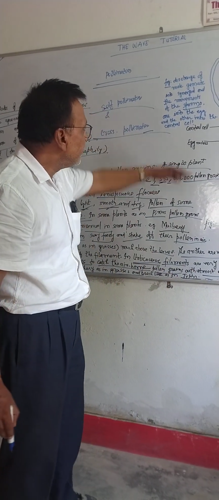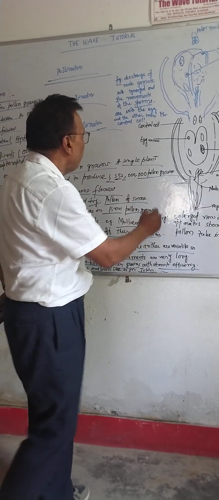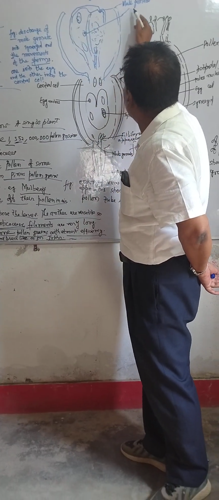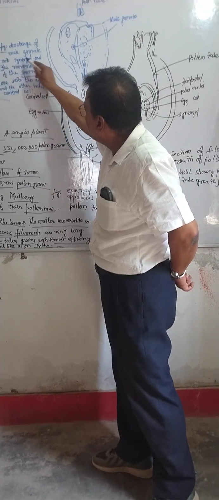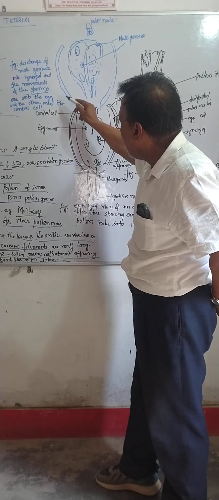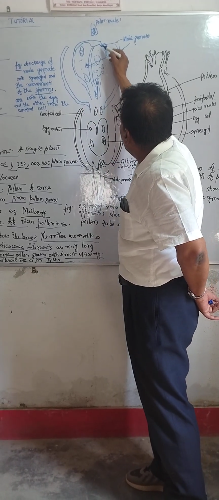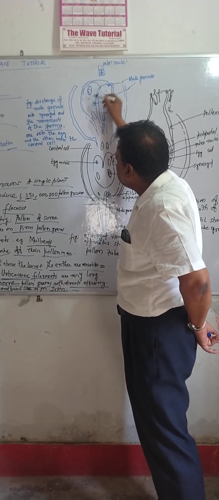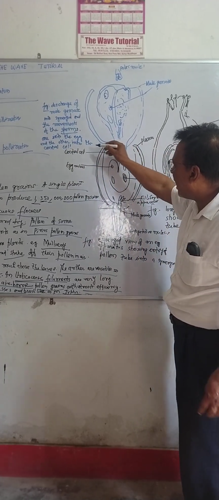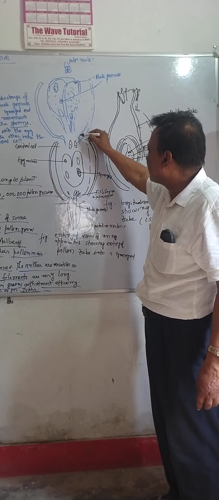This figure shows discharge of male gametes into the synergid and movement of the sperms, one into the egg and the other into the central cell.